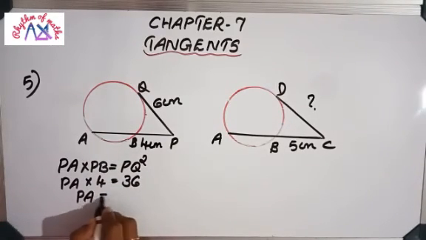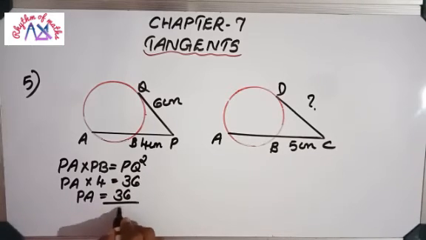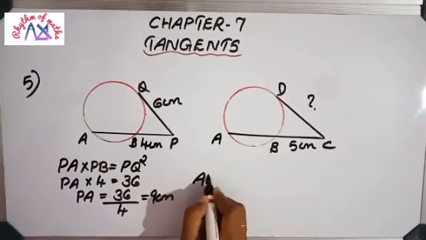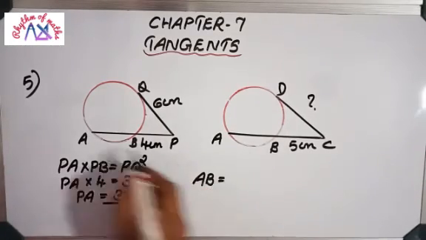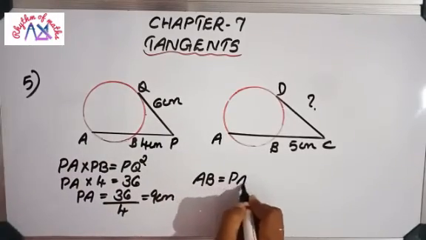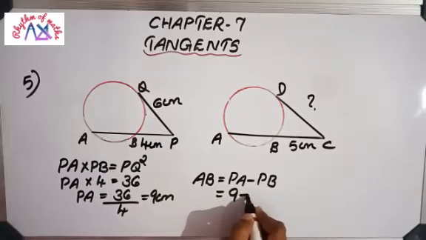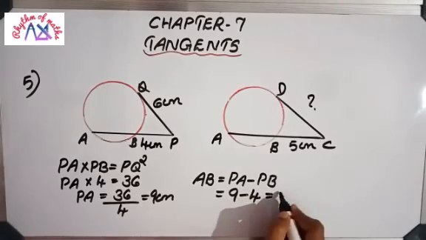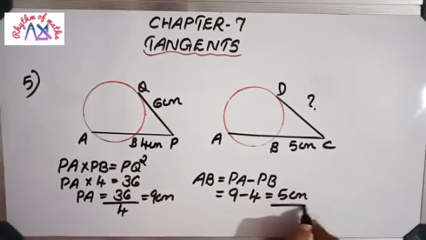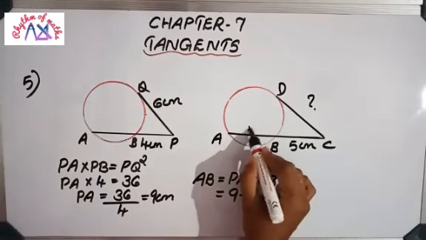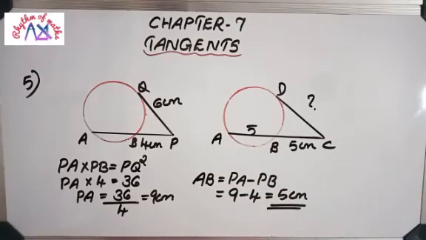That means PA equal to 36 by 4, that is 9 centimeter. Then AB will be equal to what? AB equal to PA minus PB, that is 9 minus 4, equal to 5 centimeter. So 5 centimeter is the line AB. So in this second one also AB is 5 centimeter.